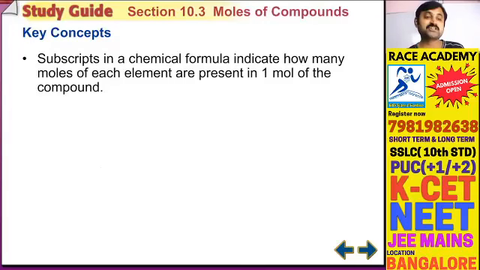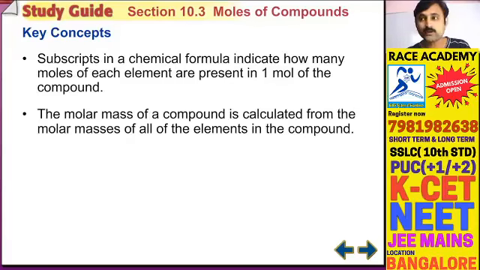In the third session, in this class, we discussed key concepts, moles of compounds. Subscripts in a chemical formula indicate how many moles of each element are present in 1 mole of the compound. Suppose carbon dioxide is given, so in 1 mole of carbon dioxide there are 2 moles of oxygen, because the subscript for oxygen in that formula is 2.